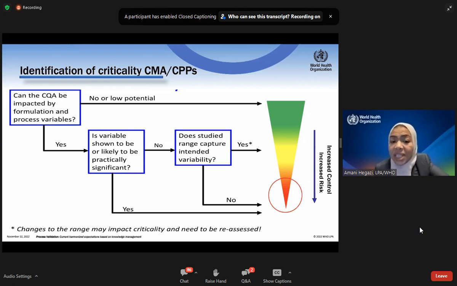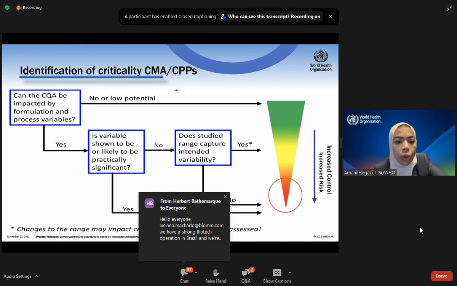How can we define whether these material attributes and process parameters are critical or not critical? So the first decision: can the critical quality attributes be impacted by the formulation and process variables? Can this attribute or parameter significantly impact the critical quality attributes?